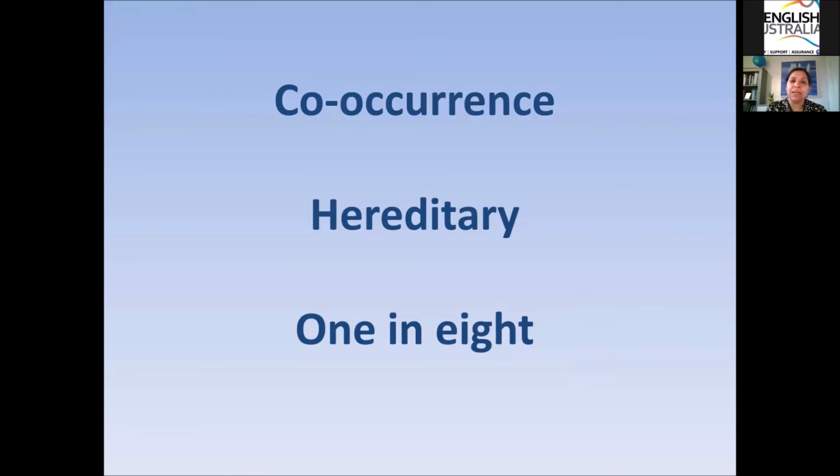This is something we didn't know very much about, but research shows that it does occur. You may have a father or a mother or grandparent or uncle or aunt, even more than that in the family, and it's just passed down through the family. And one in eight people that we know about has a learning difference.